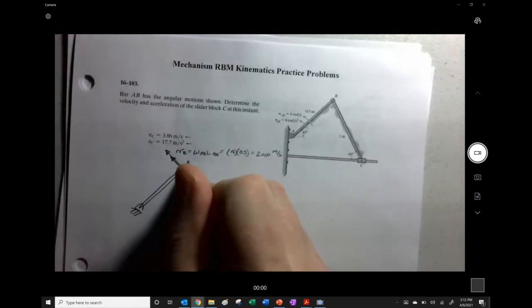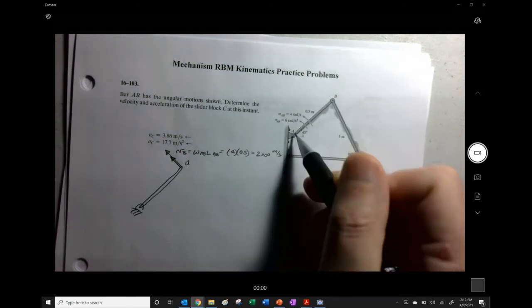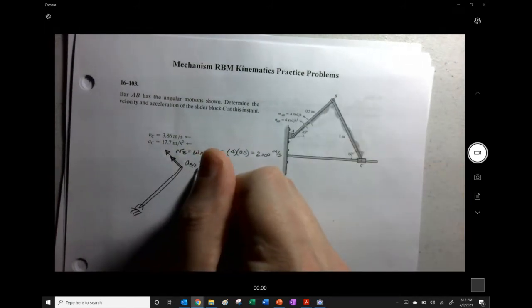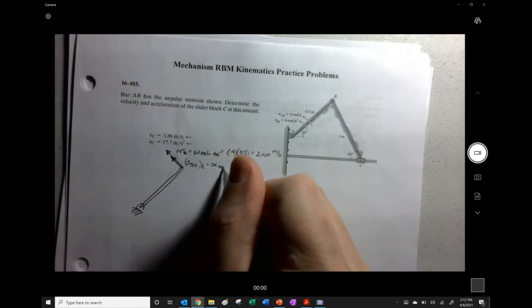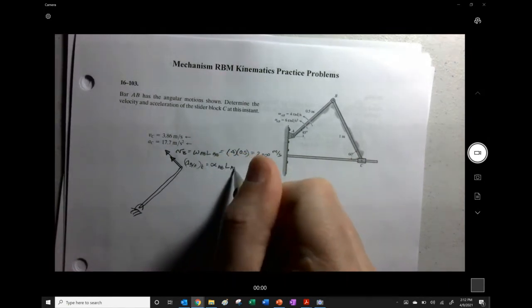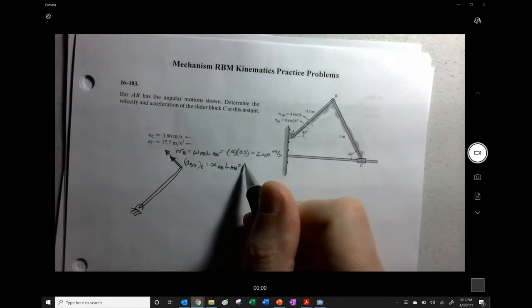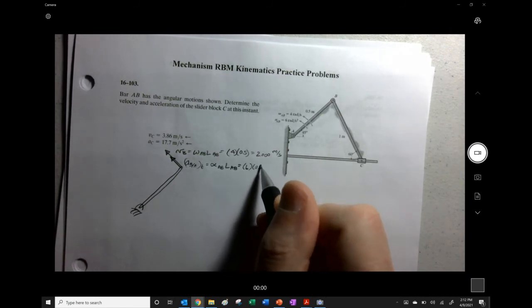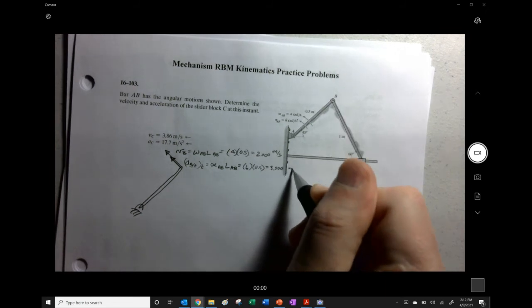We'll also have the acceleration of B with respect to A, and the tangential direction is going to be alpha AB times L AB, which is 6 times 0.5, and that's going to be 3 meters per second squared.